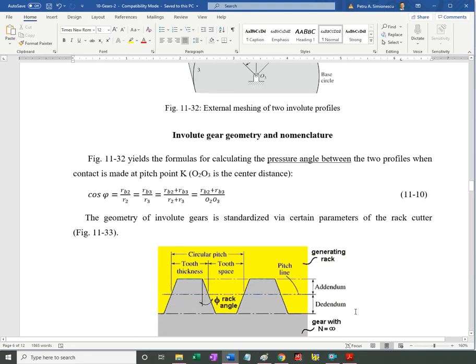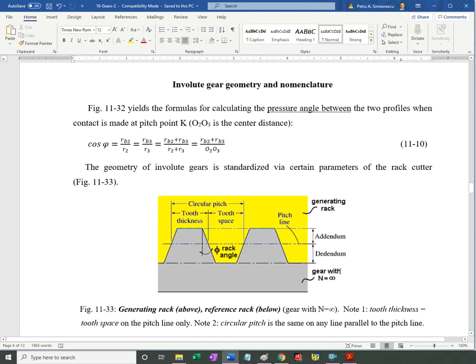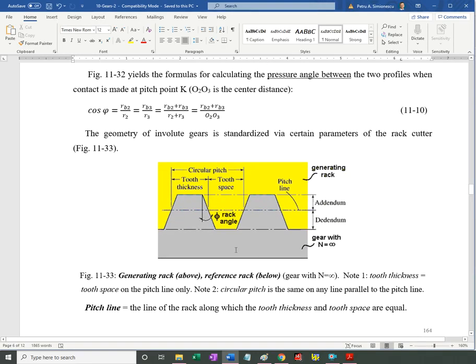The generating tool, I said that generating tool, is shown in yellow. That was the reference line of the generating rack, which is the pitch line.